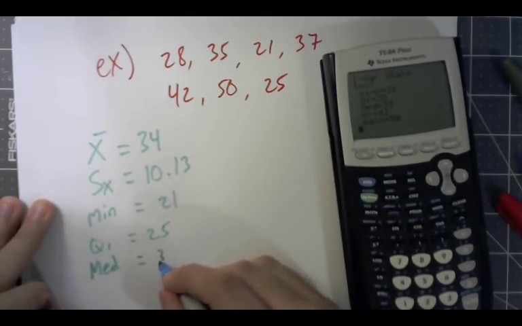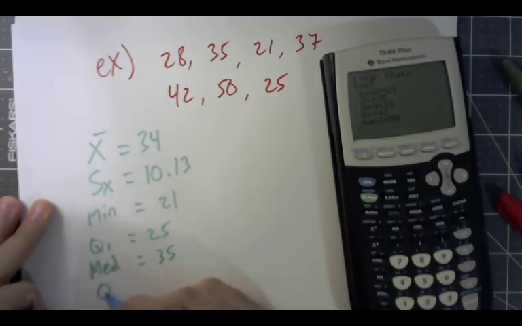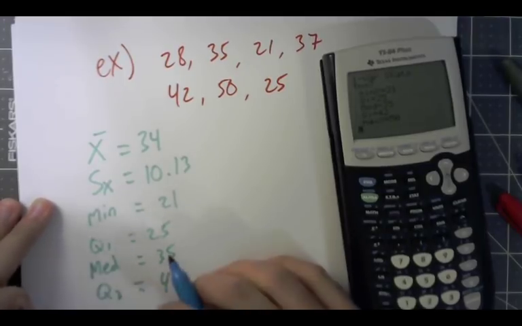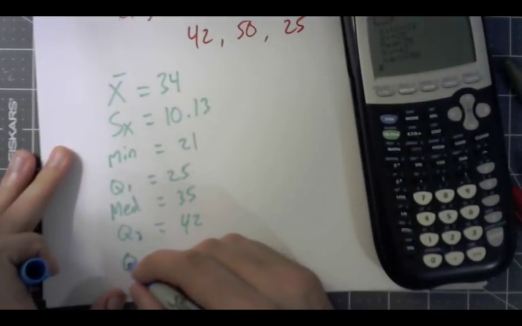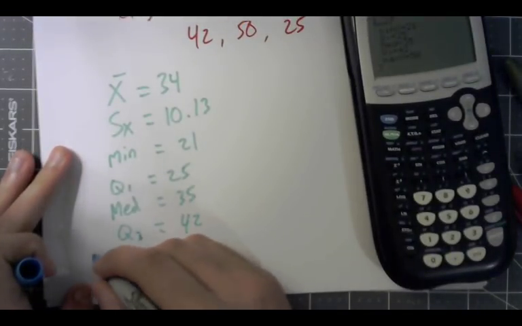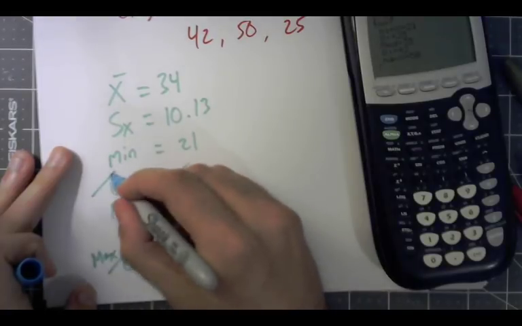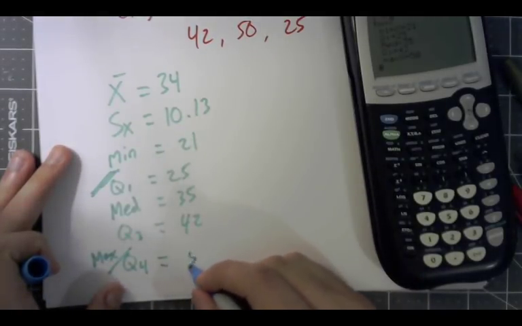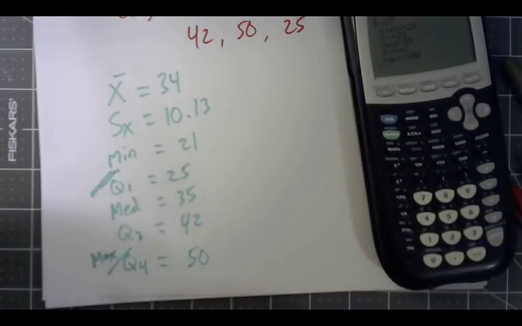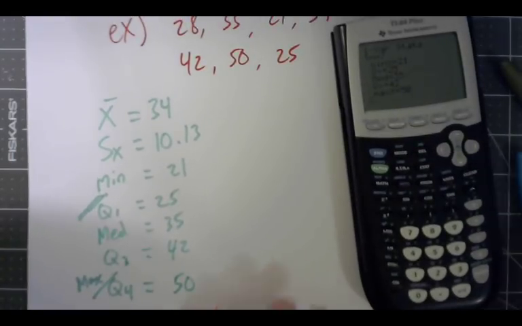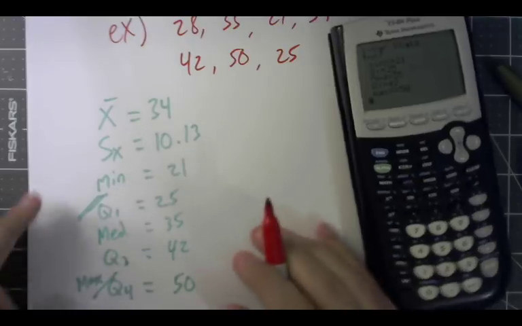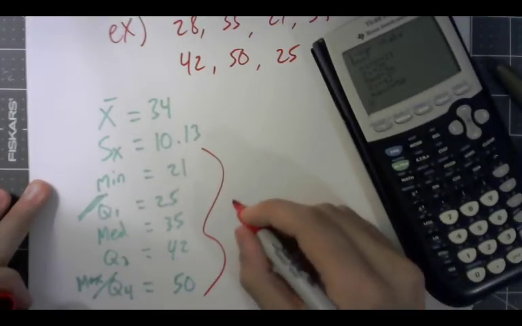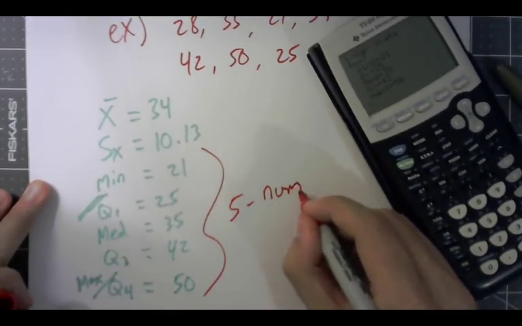Median, 35. Q3, 42. And finally, we can call this Q4 or max. Ignore that. Q4 or max is going to be 50. So we went through, put in L1. That's our 5-number summary.